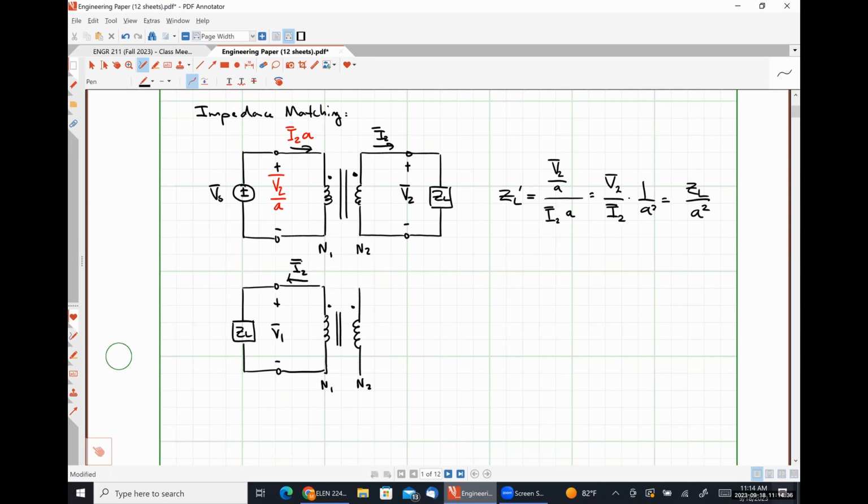Just for the sake of argument, I'll make I2 with that direction. Here is V2. Here is I2. Now we're going to be reflecting our impedance connected to the primary across to the secondary. So how can I express this voltage V2 in terms of V1?